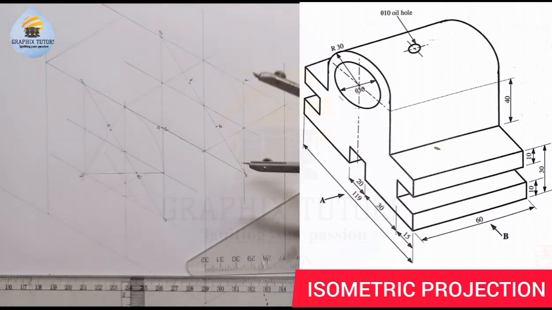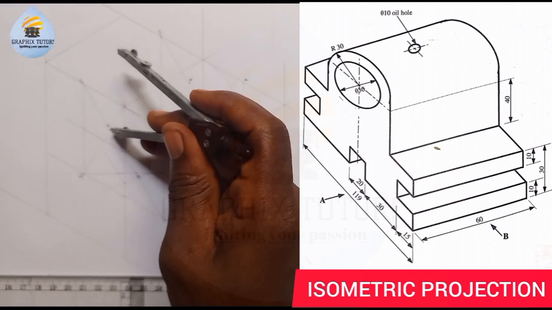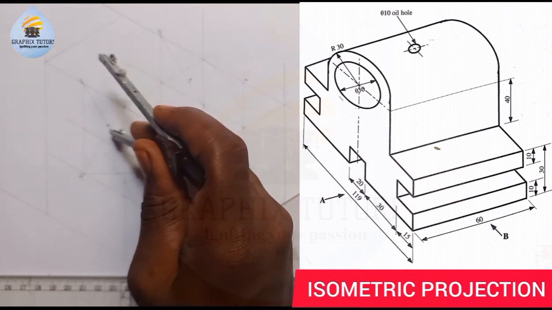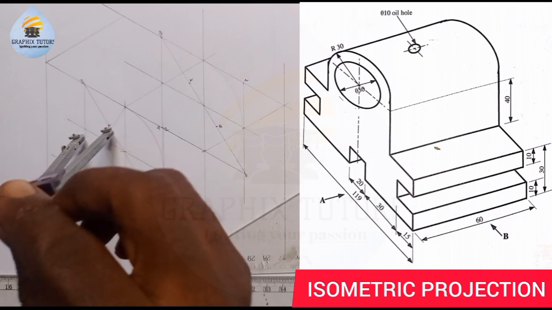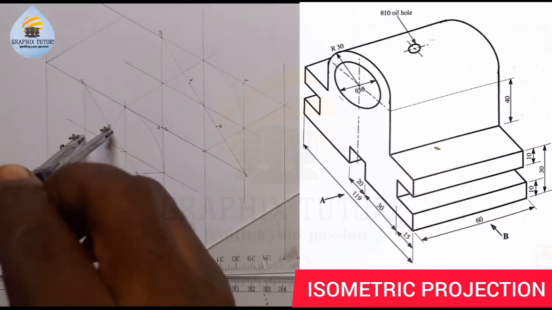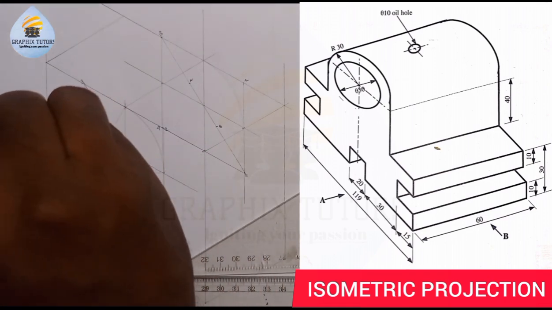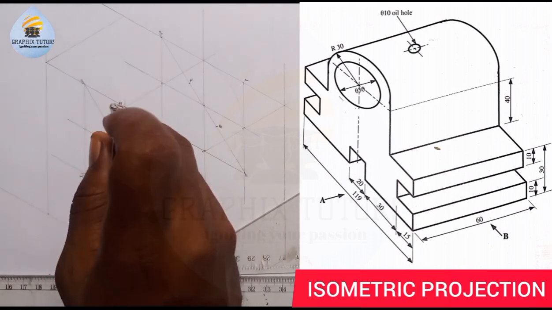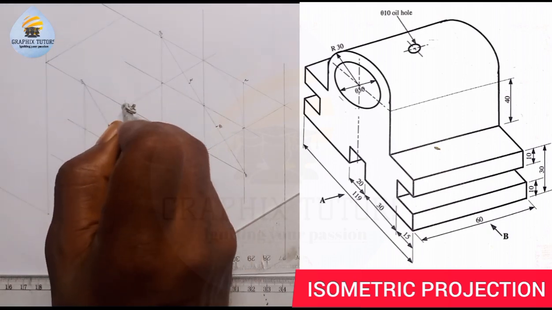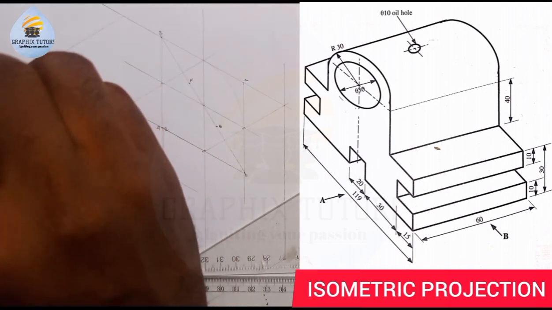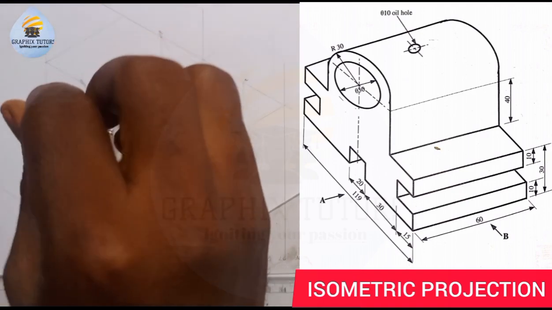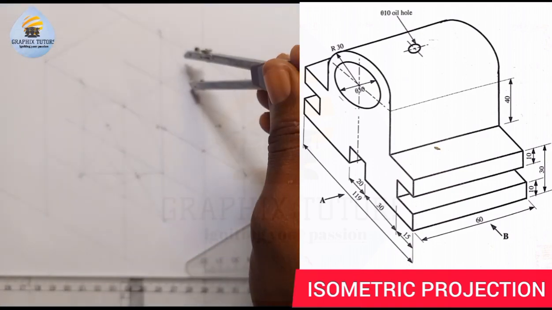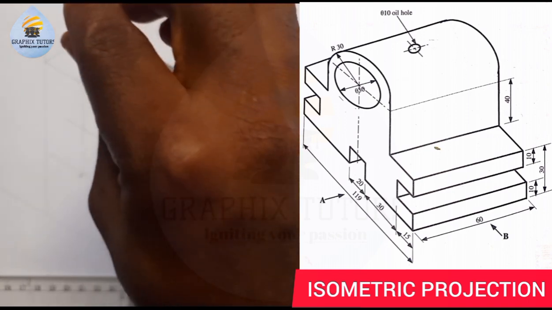Now the next thing is I'll place it at A here to connect this to this point, right? Connect this to this point. I'll come again, place that A here to connect this to this point.